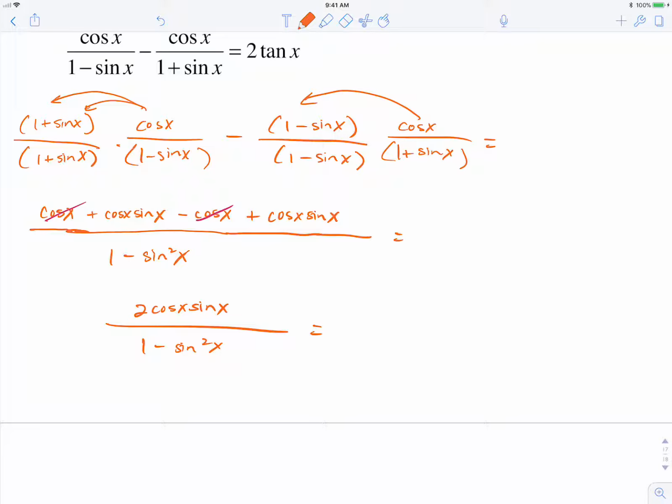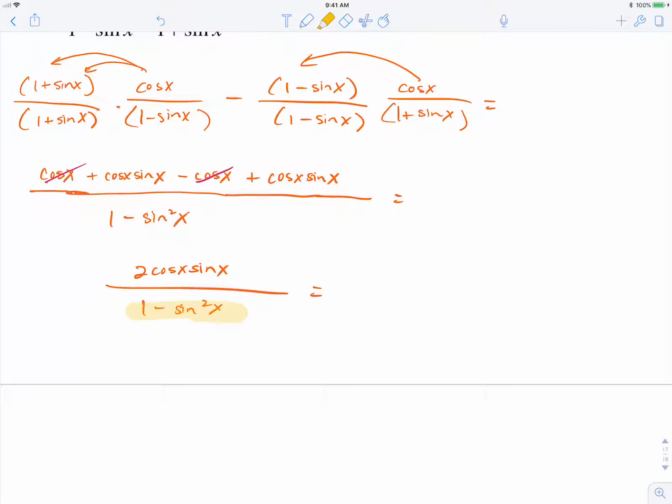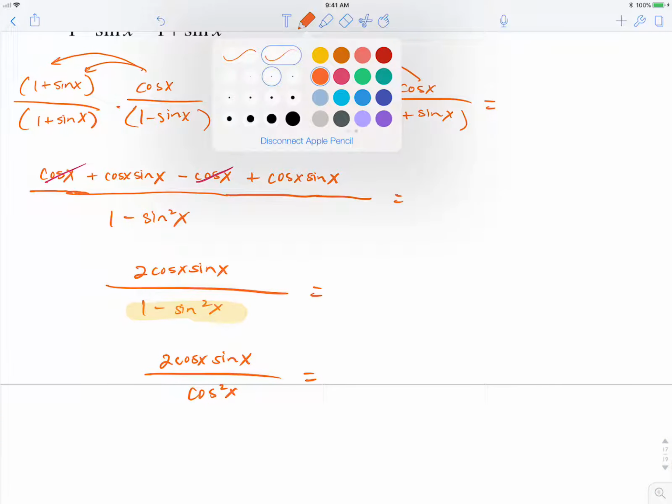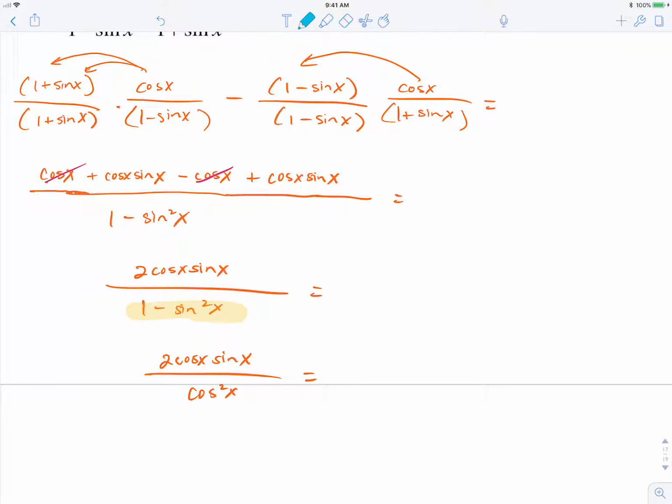Tangent is sine over cosine. So what if I rewrote the denominator as cosine squared from the Pythagorean identity? So then we could cancel a cosine from the denominator with a cosine in the numerator.